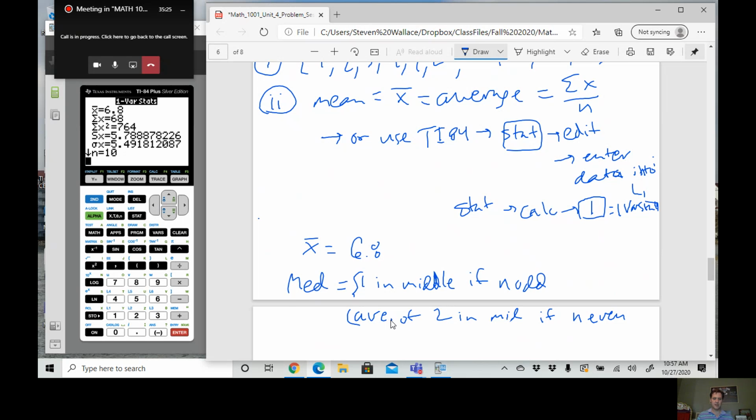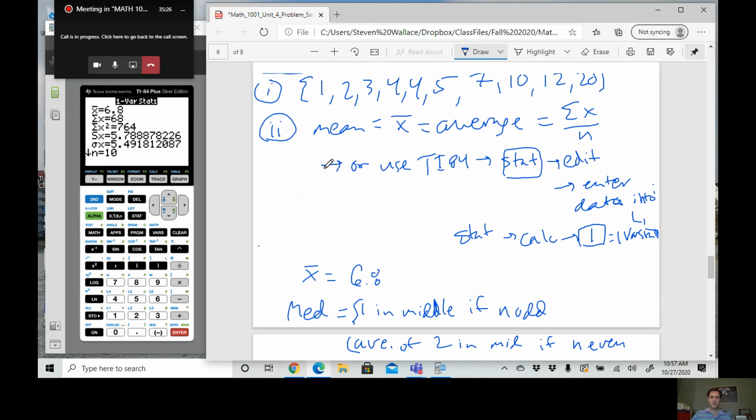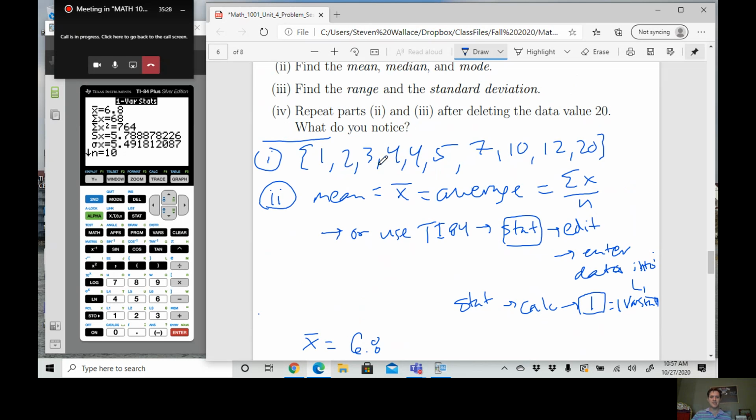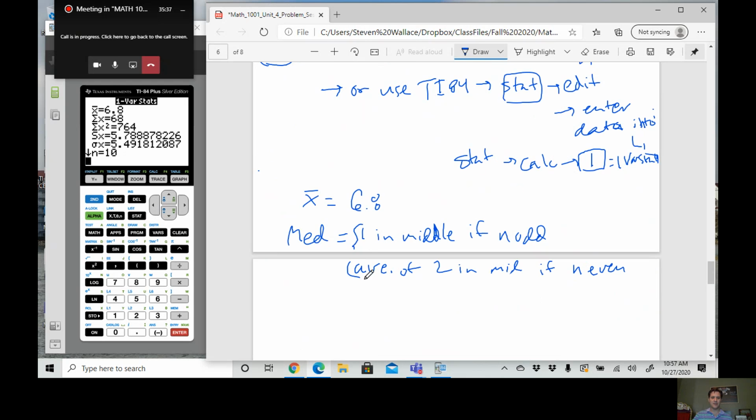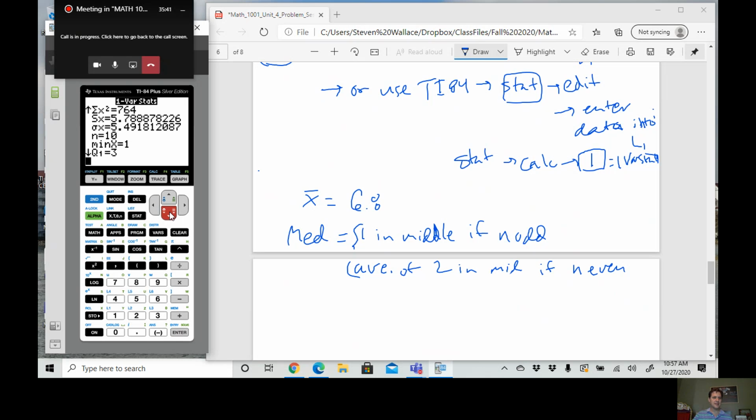So in this case, once you list them from least to greatest, we count 1, 2, 3, 4. 4 and 5 are in the middle. So I would get 4 plus 5 over 2, the average of the two in the middle. That's 4.5. But if you use one of our stats and you scroll down, it tells you the median is 4.5 immediately.